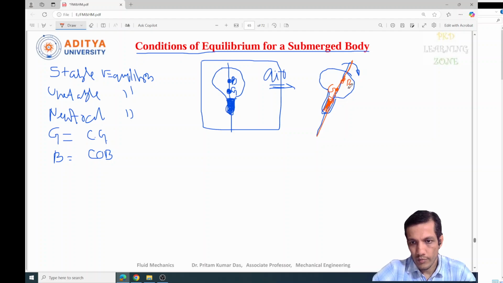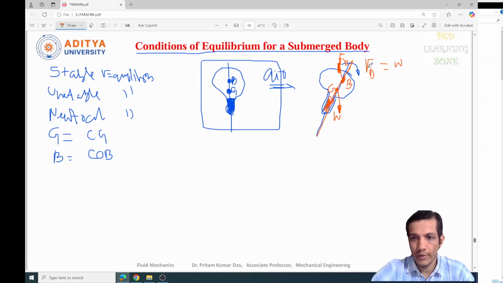So this is B. We know that at the B point the force of buoyancy acts, and at the G point the weight of the body acts. So W acts vertically downward, and the force of buoyancy acting at the B point is vertically upward. And we know that the force of buoyancy is equal to the W of the object, so we can write Fb equal to W.